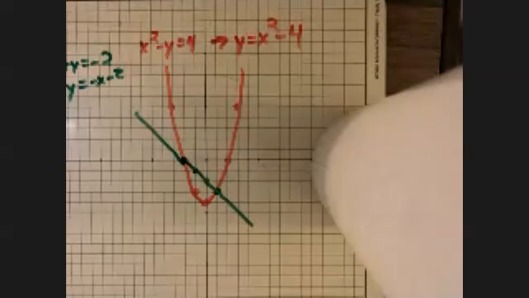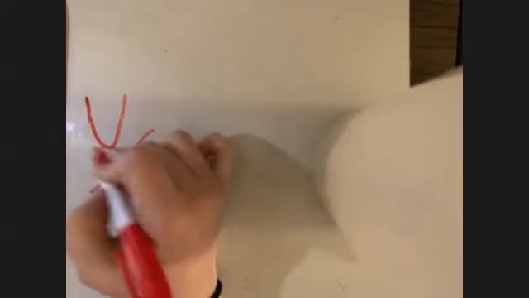Now, please note that when we have this happen, we now have some different options available to us that we did not have before when we were doing the linear systems. What we can have happen here is we can still have no solution. Looking at just a parabola and a line, I can have that the parabola and the line don't touch each other at all.